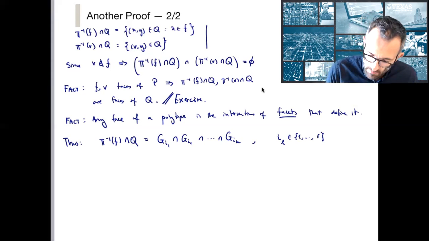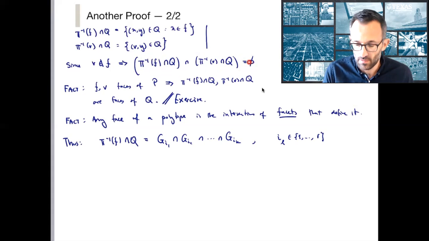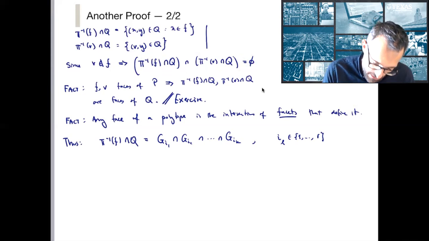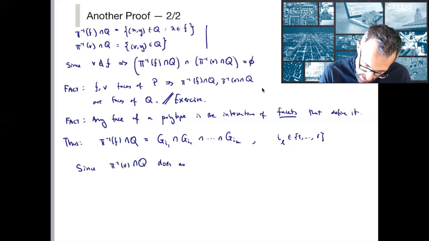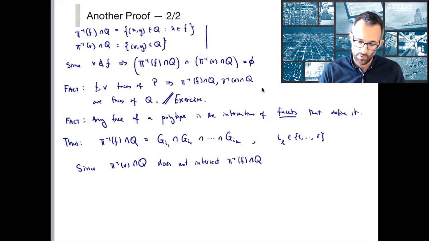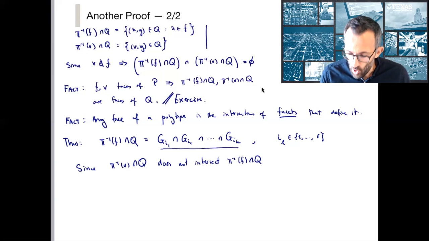Okay, so now back to this property here. Since I have no intersection here, what does that tell me? Since π inverse v in Q does not intersect π inverse f in Q, that means that π inverse v in Q can't be contained in all of these. There's got to be one which doesn't contain it.